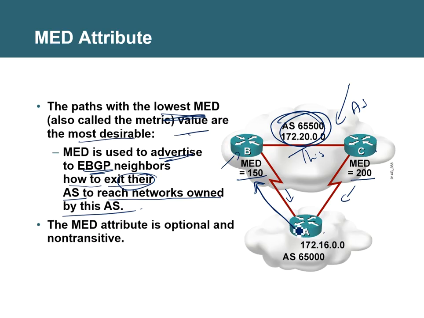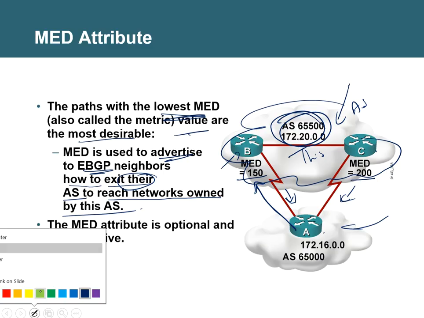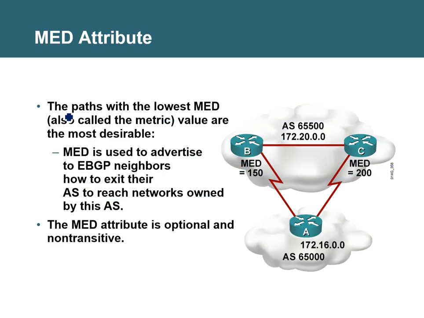A decides the exit based on what it is receiving as an MED value from the upstream autonomous system. The impact is made here, but the configuration is made on the above autonomous system. The path with the lower MED value is the most desirable.